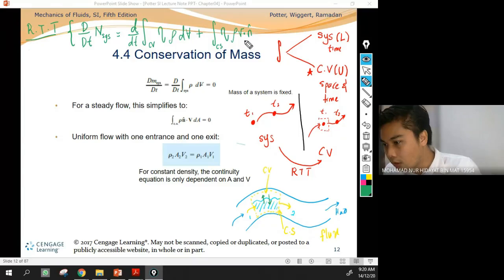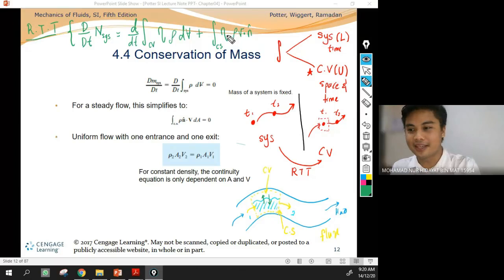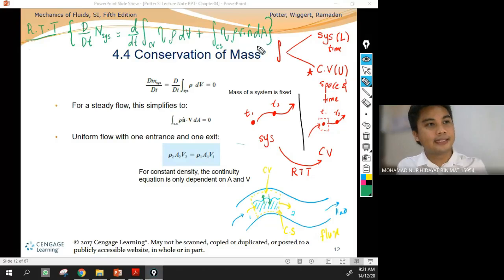Hakim, all of these are fluxes. The second term reflects the flux. This is the equation, dA. Remember that this is a very important equation to convert.